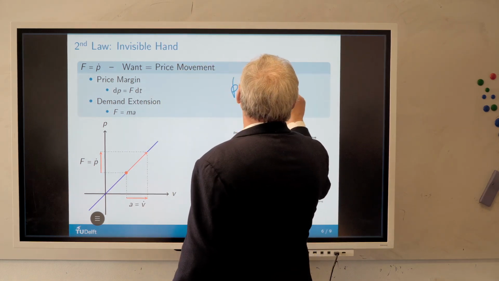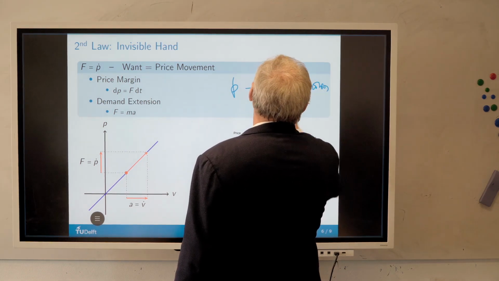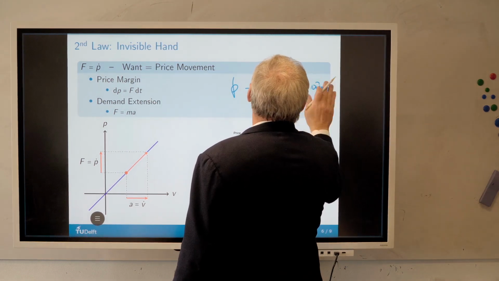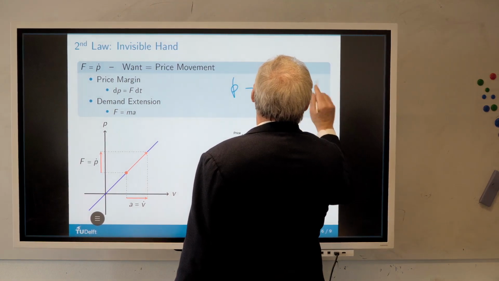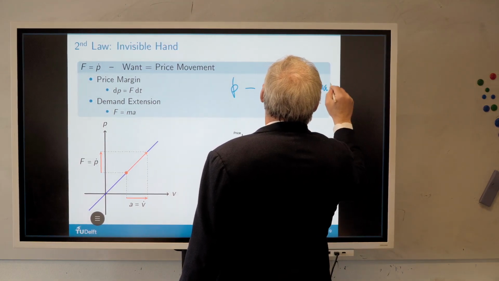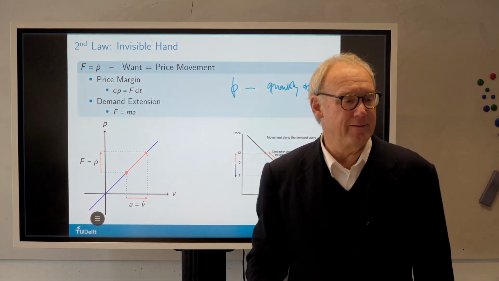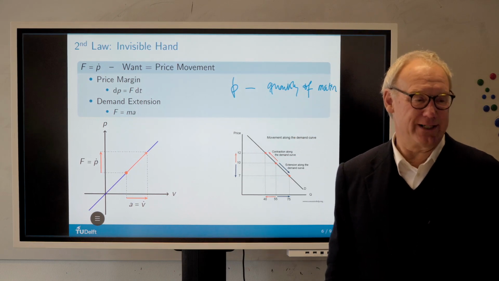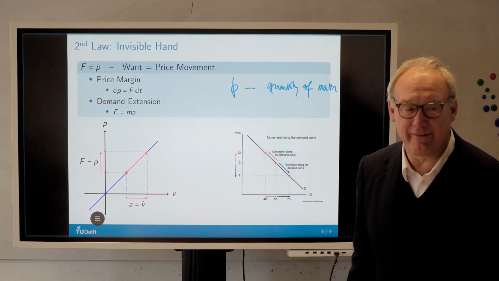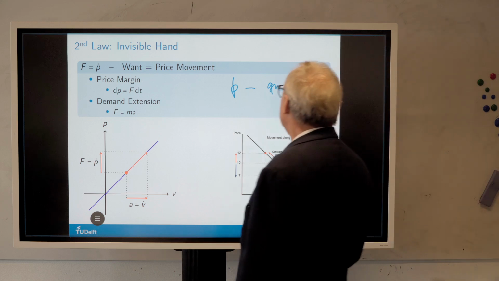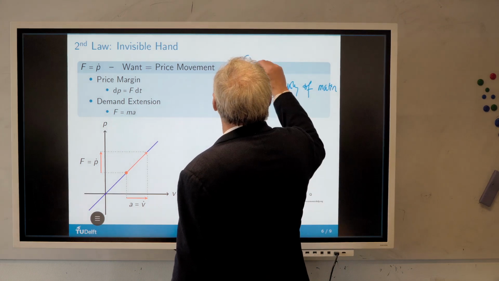Actually, he used the quantity of motion. There's a nice Latin expression about quantity and motivation. Those two words are in there.